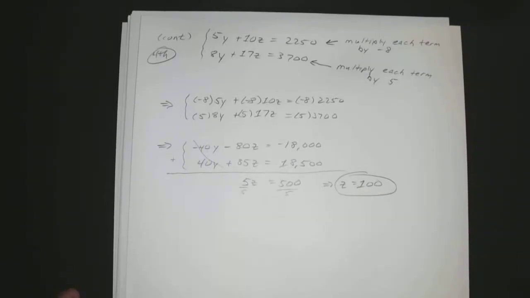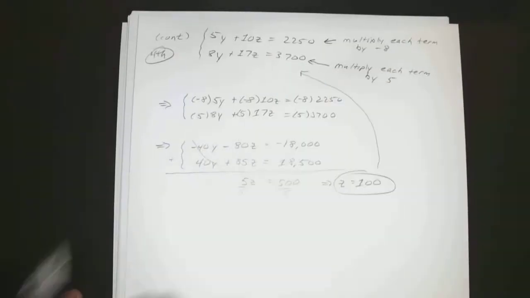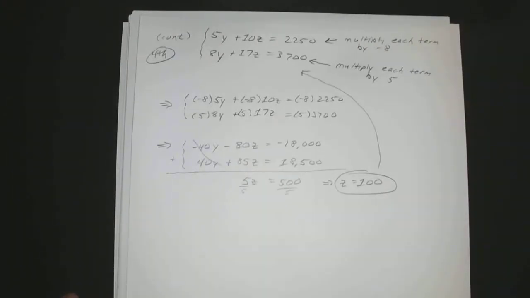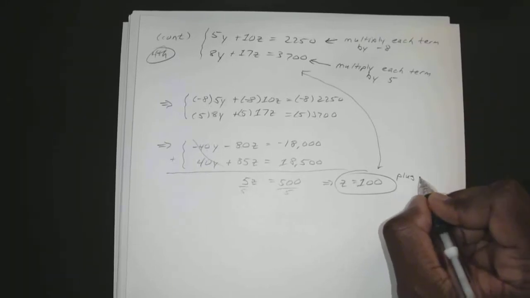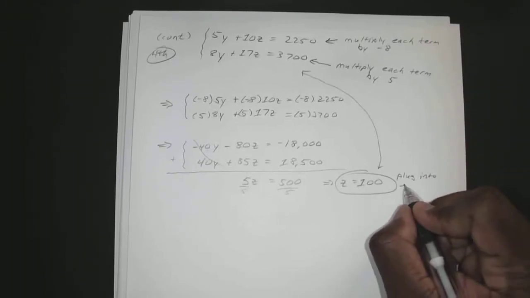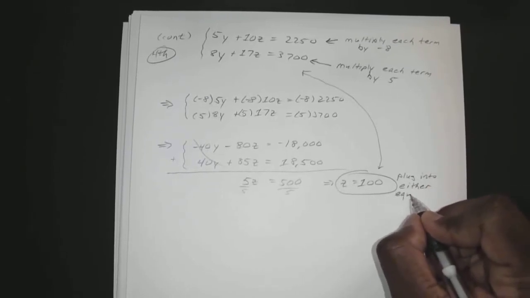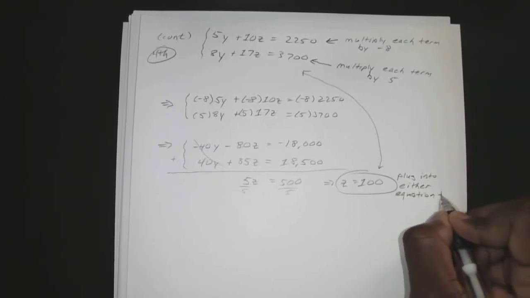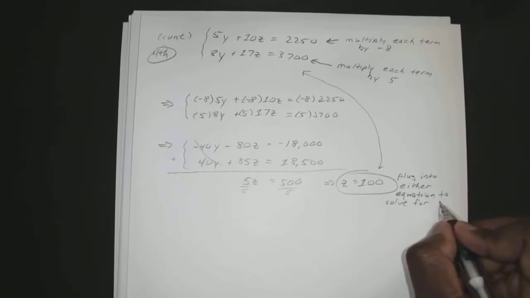Okay. Now, once you have your variable there, you just plug that back into either one of those to solve for the other variable. So plug into either equation to solve for y.